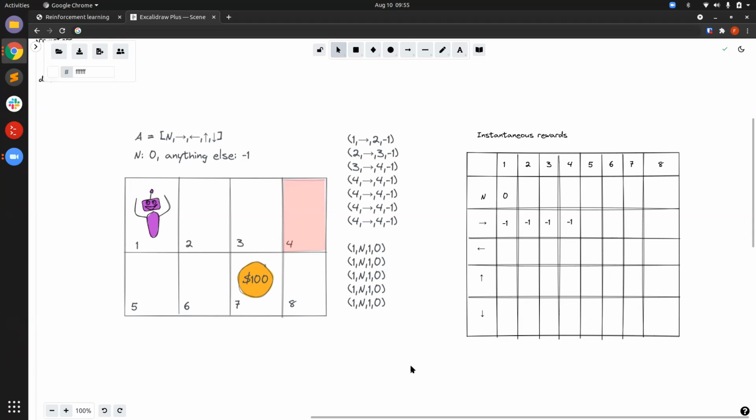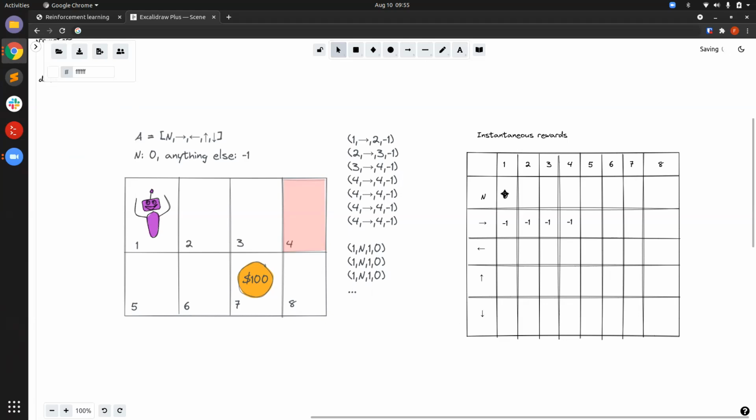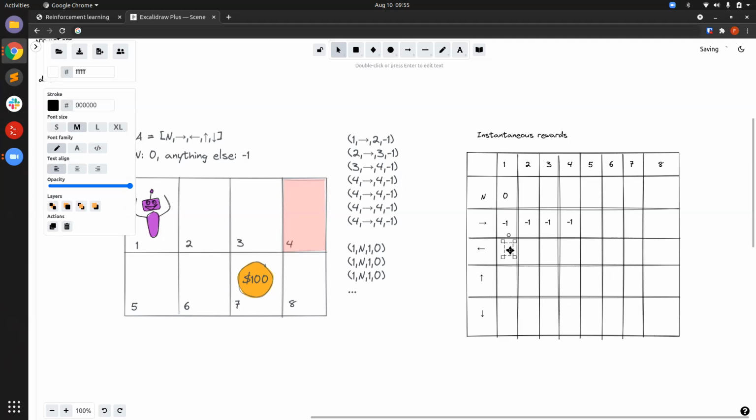Now suppose I end up in state 1 again. Let's say I want to try out all the different possible actions from state 1. So I do that. And I find that if I attempt to go left from state 1, I stay in state 1 and earn reward -1.